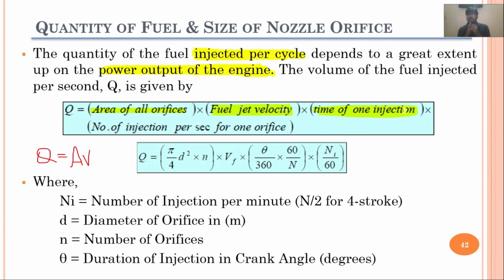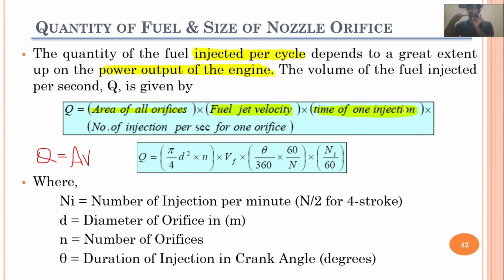Let's say that before reaching the top dead center, fuel started being injected 10 degrees before reaching the top dead center. The piston is moving towards top dead center, but before reaching that point, fuel injection has started, 10 degrees of crankshaft rotation before. And when the piston reaches the top dead center, fuel is still being injected into the combustion chamber.